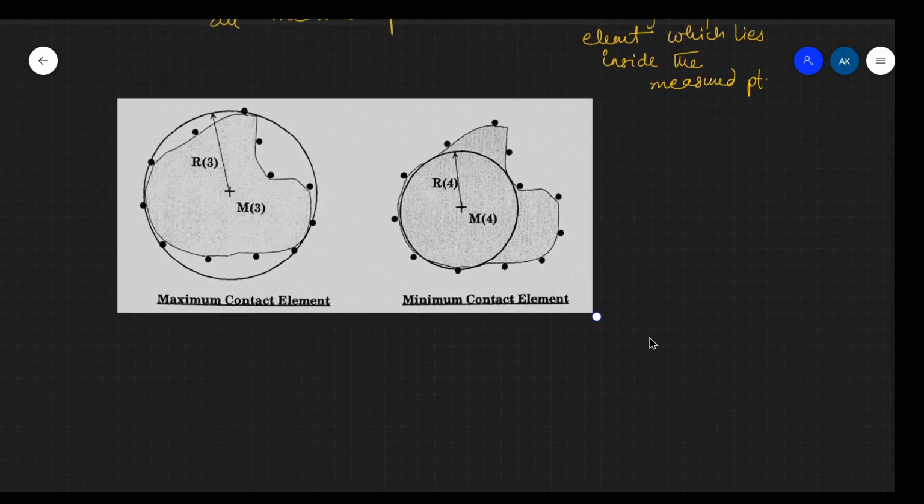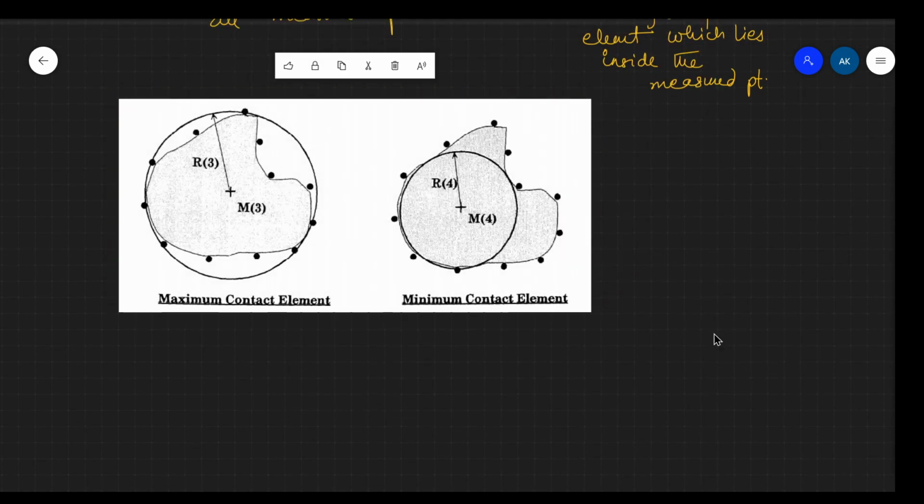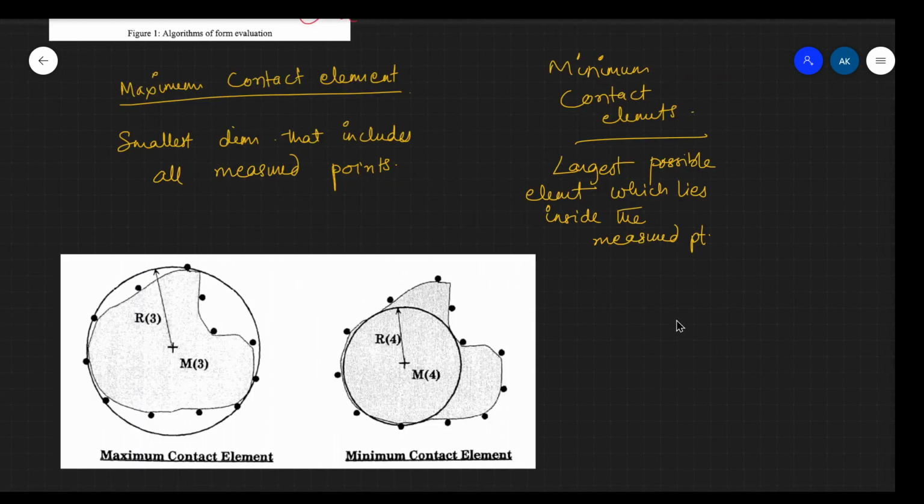See, this is your maximum contact element. In this, what we do, we take the smallest dimension. This circle is the minimum, which will cover all the points. Like all the random points which we have taken, they will fit well within this curve.